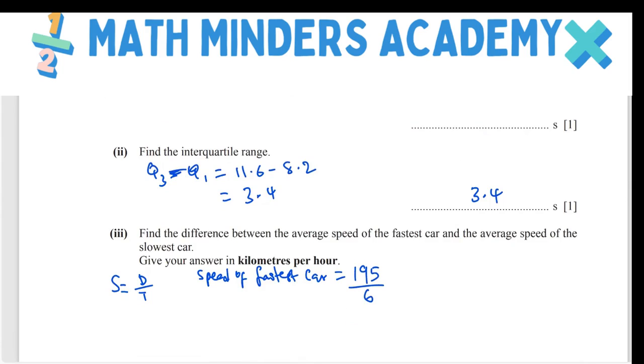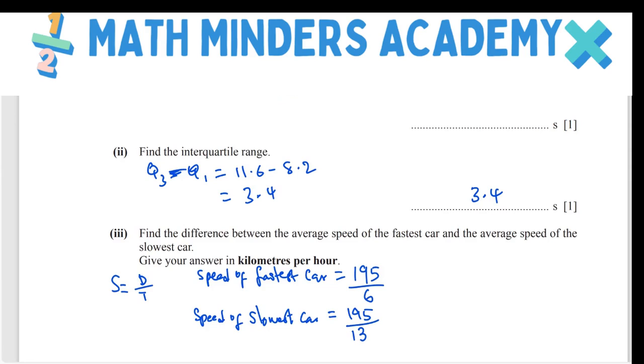Okay, now the speed of the slowest car is going to be 195 over, this one we use the maximum time, which is 13. Okay, now we are going to find the difference. It says find the difference between these average speeds.